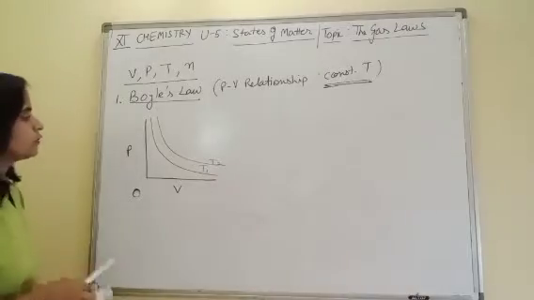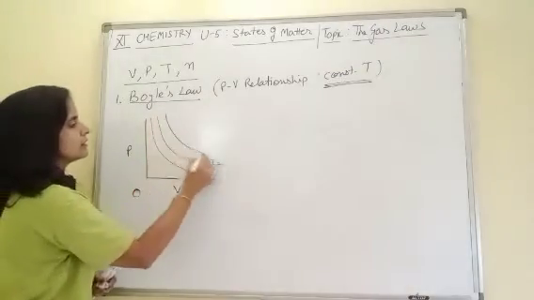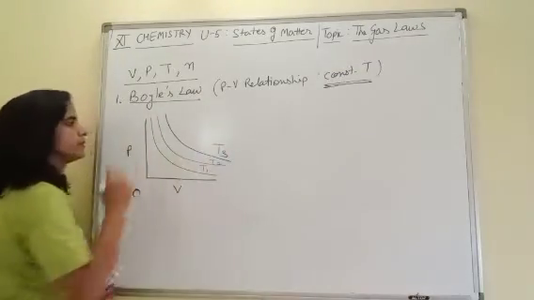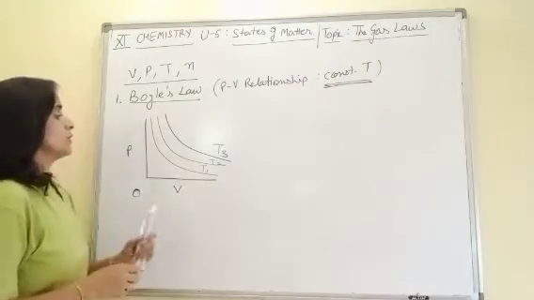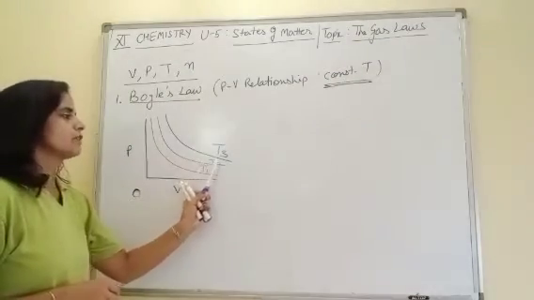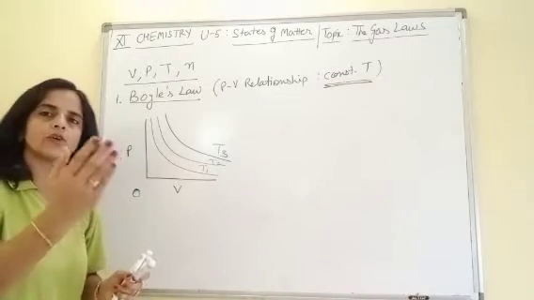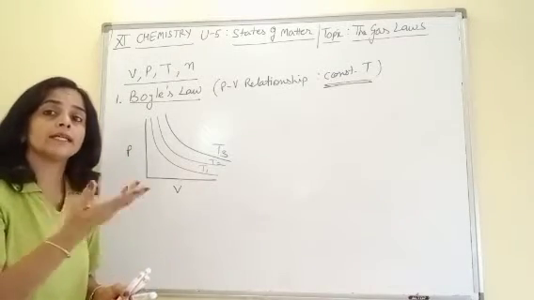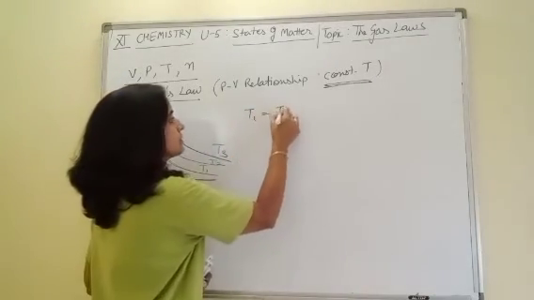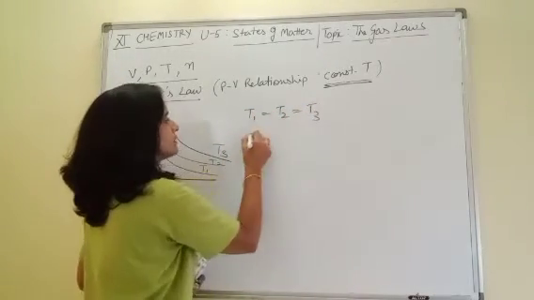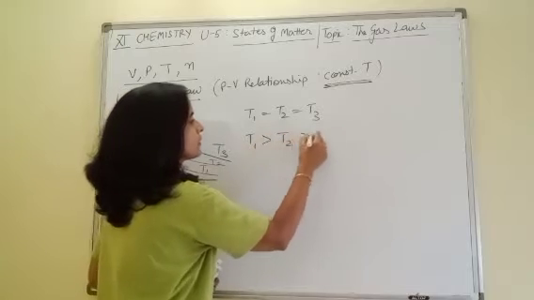And the third one is T3, somewhat like this. And the question is, what is the relation between T1, T2, T3? Increasing order, decreasing order, or are they equal? These are the options. Decreasing order.